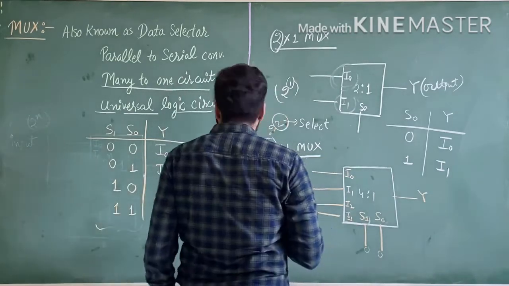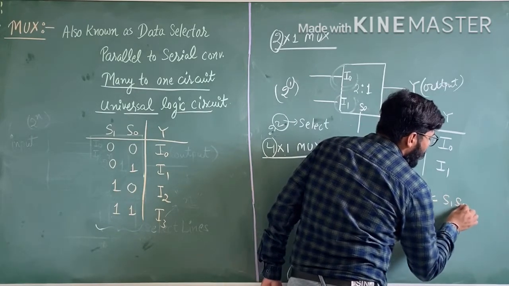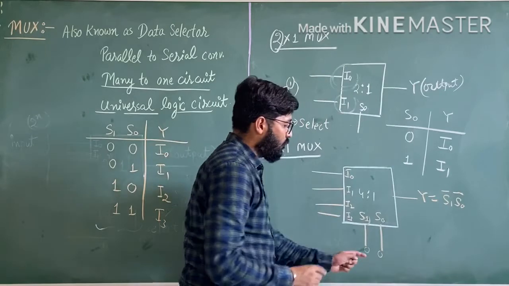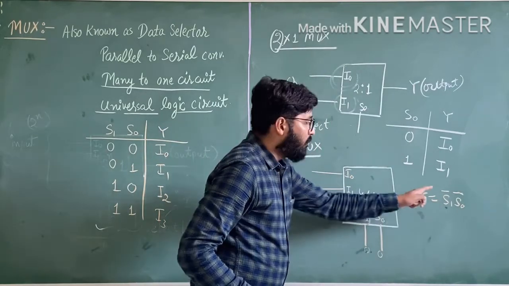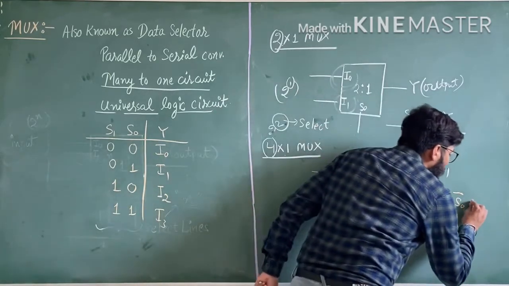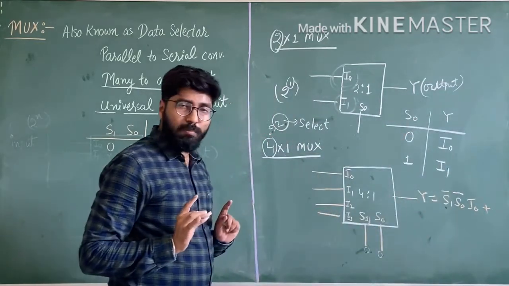So if S1 is 0 and S0 is 0, you have to complement them, because the condition is 0, 0, so you represent the complement form. When this is 0 and this is 0, you get output I0, so you multiply with I0. Okay, it is clear. You have the first output.